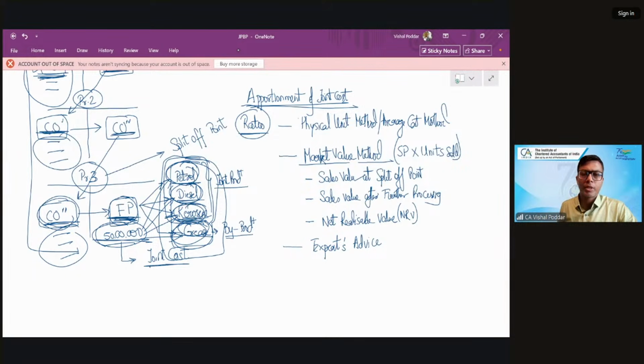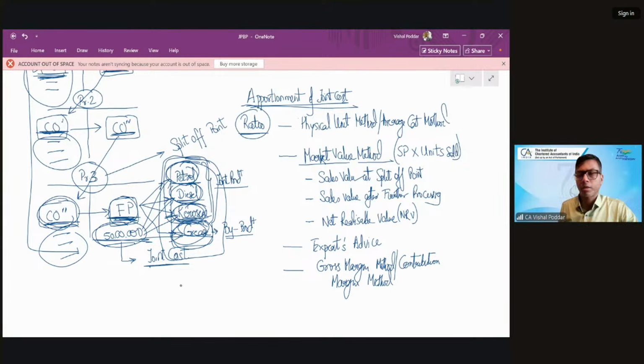And then you have some gross margin method. You have the contribution margin method. So these are some of the methods which are proposed, which are to be studied.